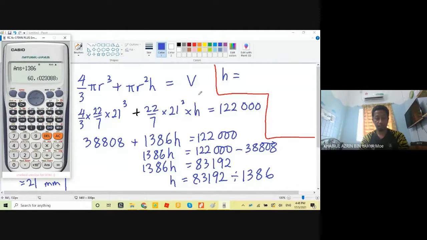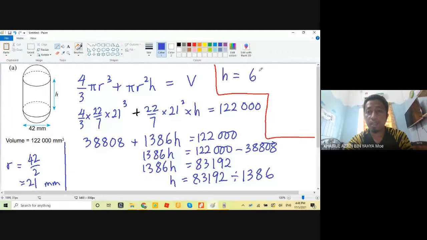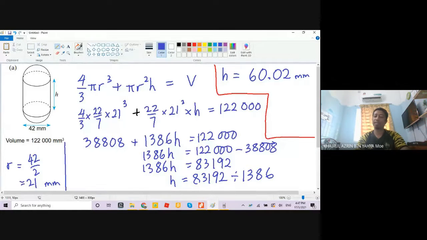Let me double check with my calculator. 83192 divided by 1386. We get the answer 60.02, and the unit is mm. So I get 60.02 millimeters for the height. Maybe if you use 3.142 as the value of pi, you get 60 exactly. You can try later. But this is how we solve to get H.